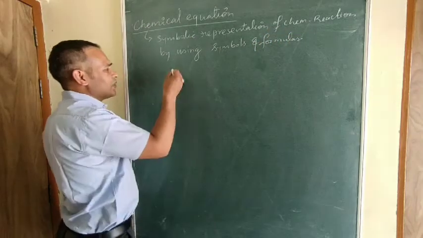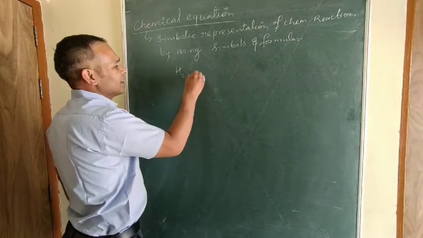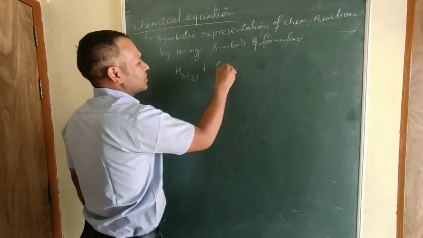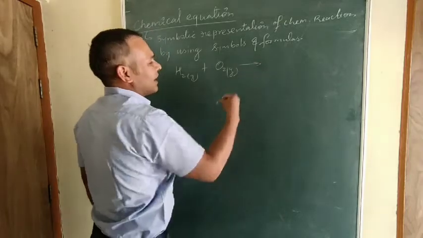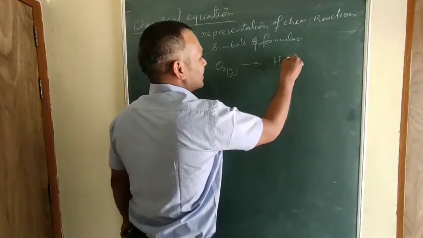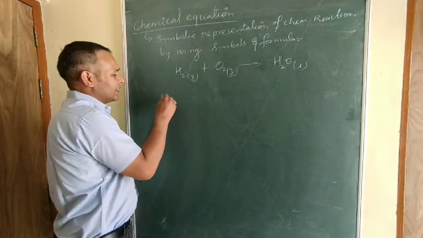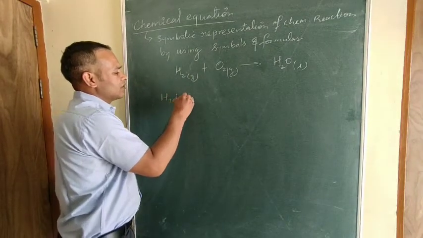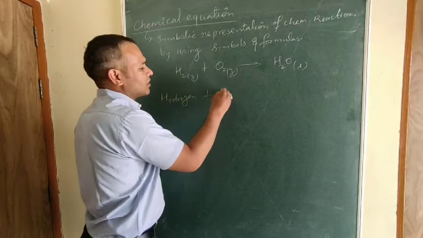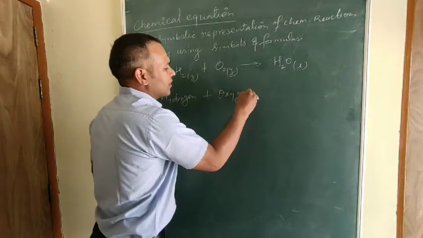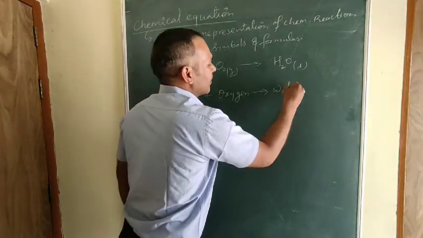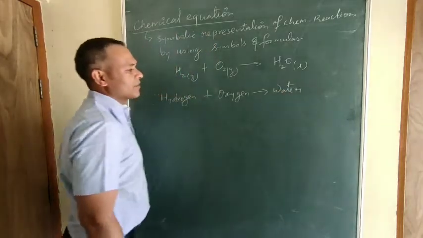For example, again we can take hydrogen gas plus oxygen gas, and water which is formed is a liquid. So here this is hydrogen, this is oxygen, and they form water, right?